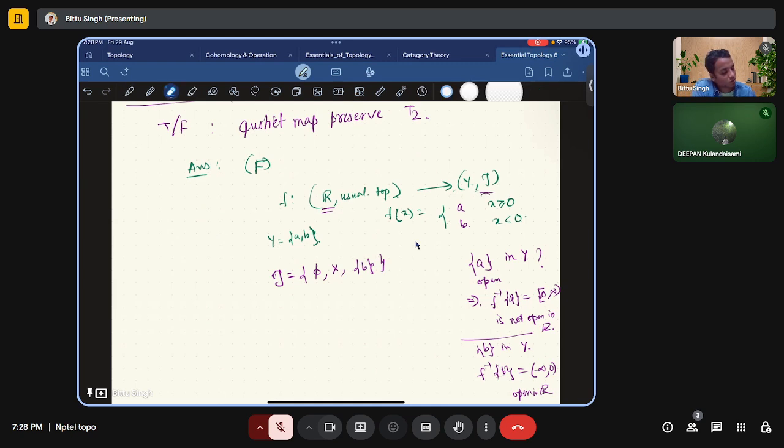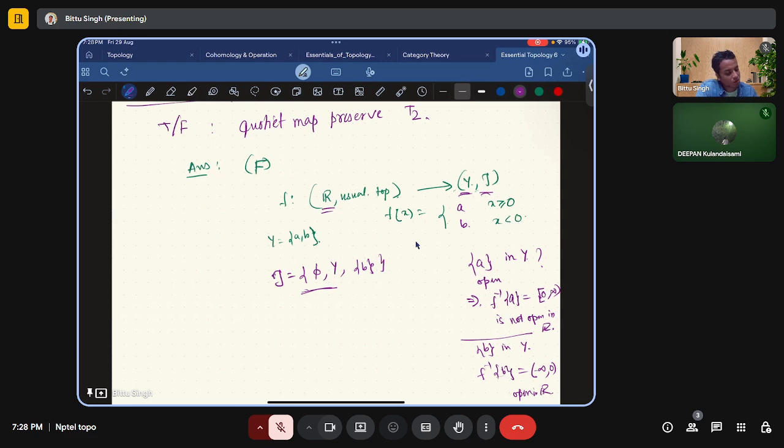Sorry, this is not X, this is actually Y. So those are the only open sets in Y. If we define Y with respect to the topology tau in this way, then F becomes a continuous map.